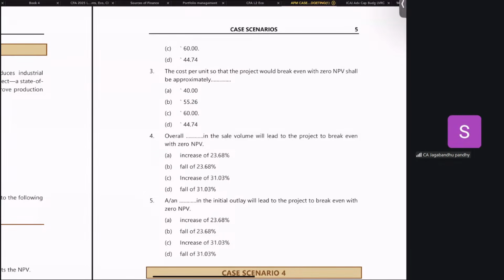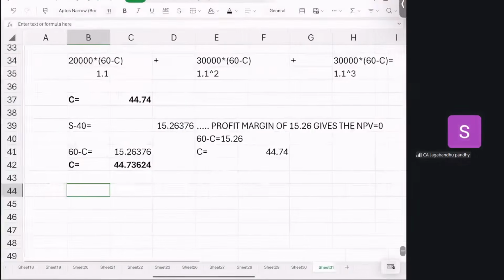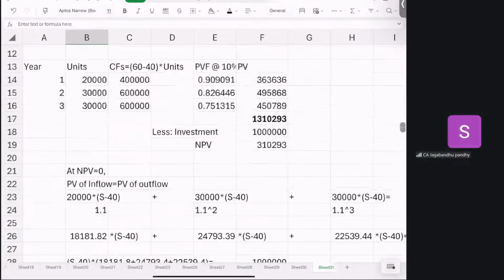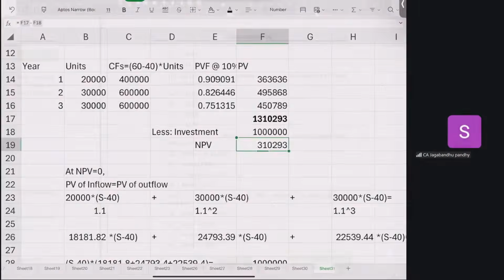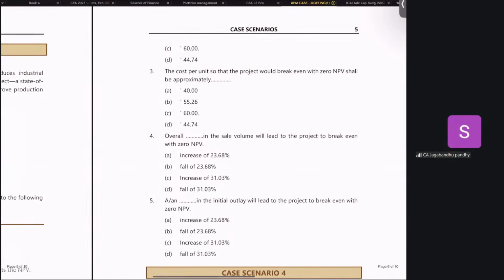How do we calculate this percentage fall that is needed? So we know the original NPV is 3,10,293. What percentage change in the sales volume is going to cause the NPV to be 0?